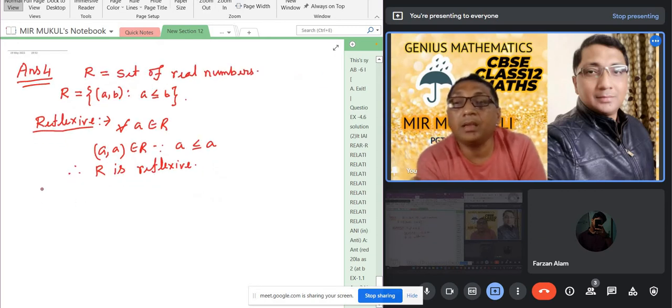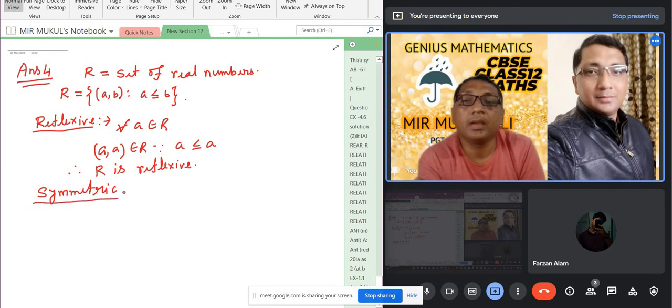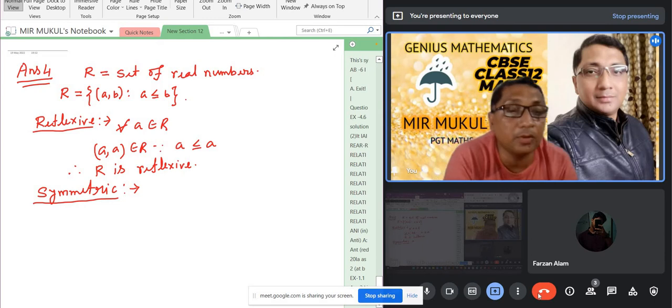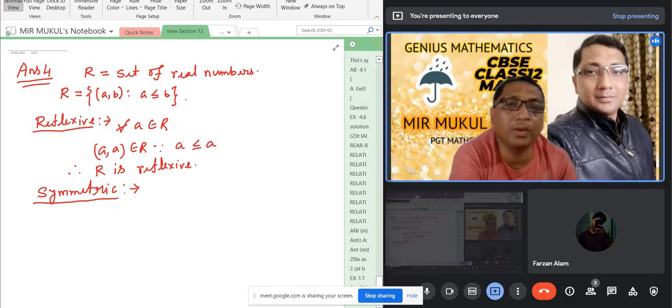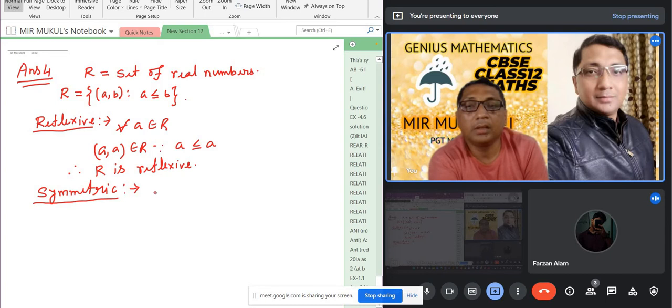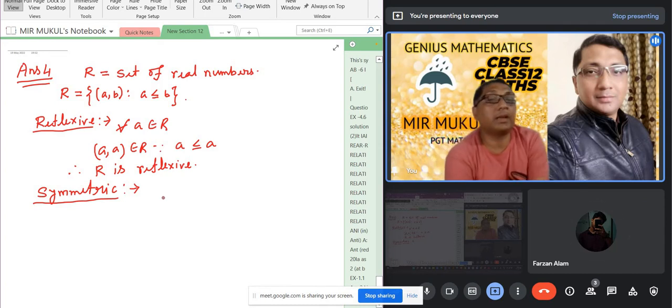Now I am checking symmetric or not. In the question, they are saying it is not symmetric. Read the question once again: it is reflexive and transitive but not symmetric. So you have to give one example. 1 is less than or equal to 2, but 2 is not less than or equal to 1.